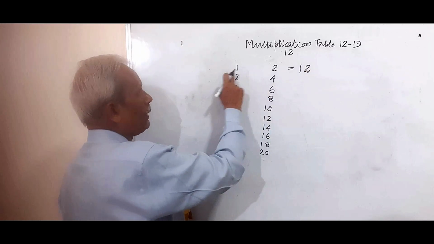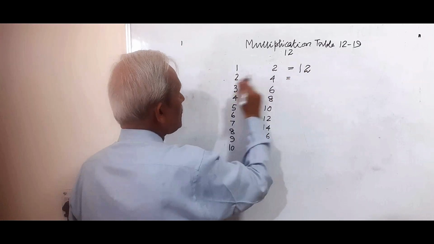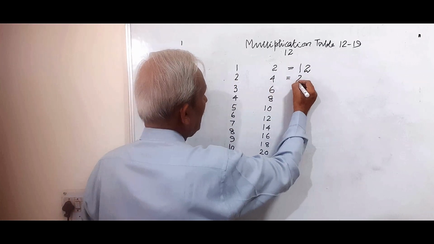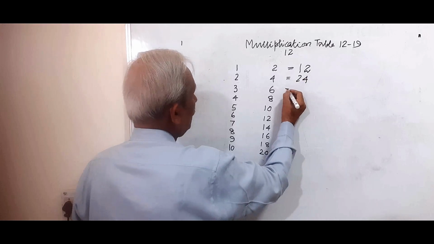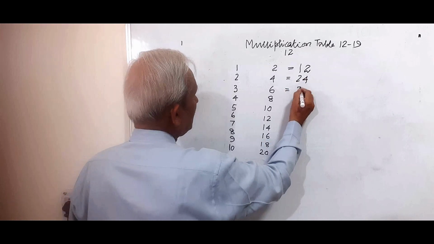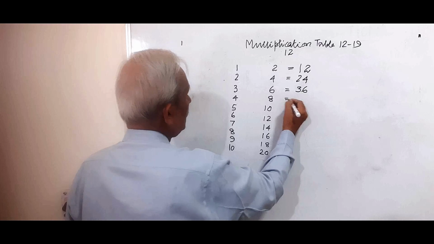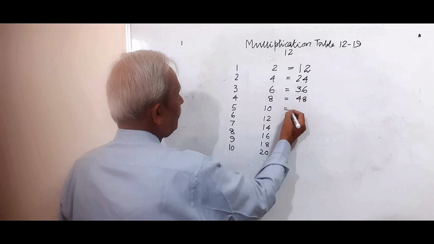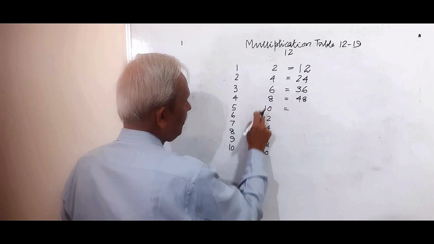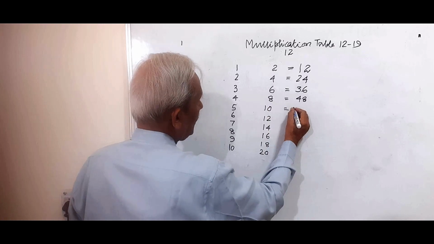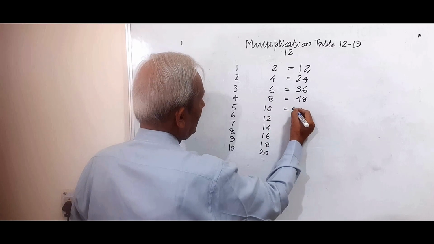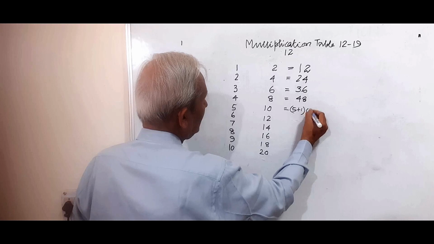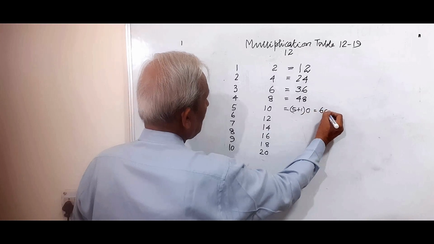We have put this 1 at the tens place. We have put this 2 at the tens place, so it becomes 24. We have put this 3 at the tens place, it becomes 36. We have put this 4 at the tens place, it becomes 48. We have put this 5 at the tens place, so 10 plus 50 becomes 60, so it becomes 5 plus 1 is 6, and then 0, which is equal to 60.